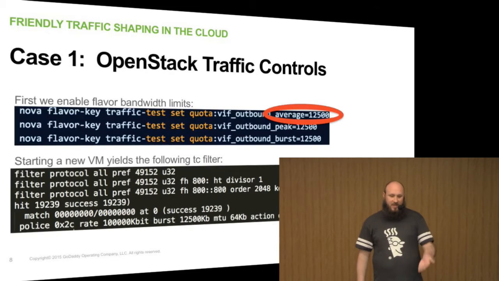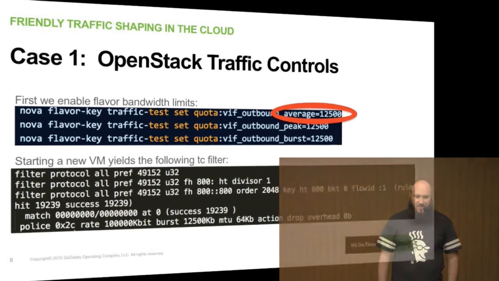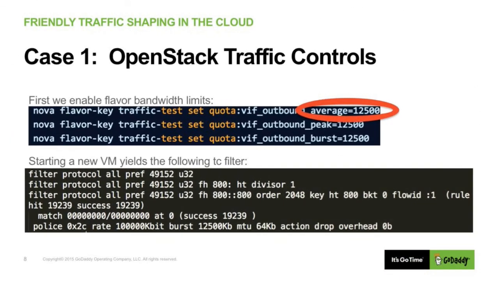So this here, the top image, is essentially turning on, using Nova, the built-in traffic controls, setting it to 100 megabit, which is 12,500 bytes. We also set the peak and burst there, but that's really not important because in our testing, the peak and burst didn't work reliably.